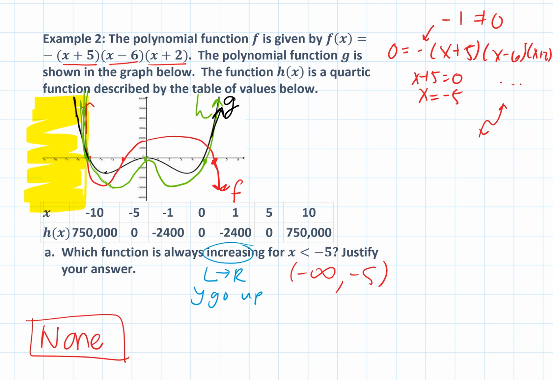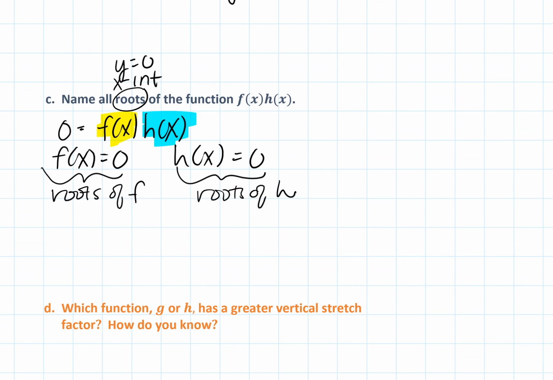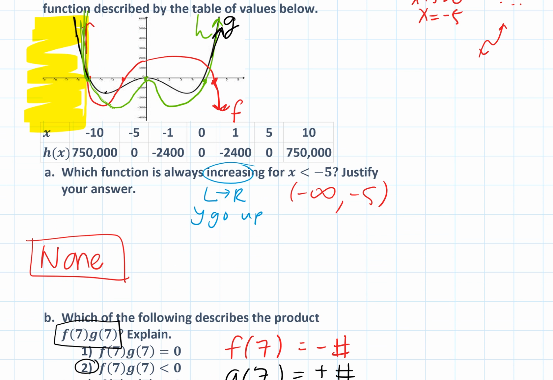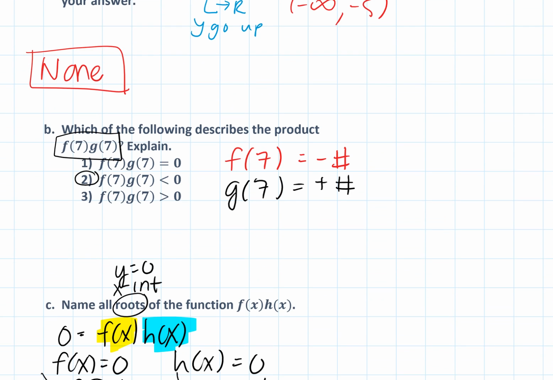F has roots at -5, -2, and +6. So I can list roots actually either just by the x values, it's implied y is 0, or I could write these as coordinate pairs. And h, well, h has roots here at -5, 0, and 5.